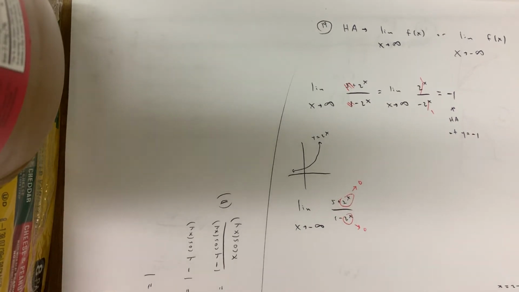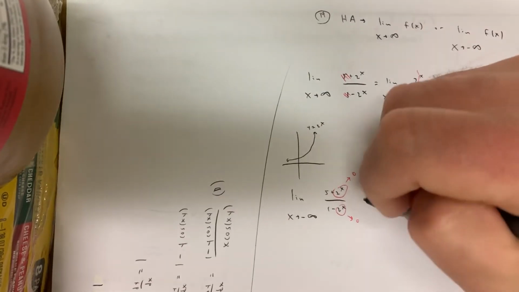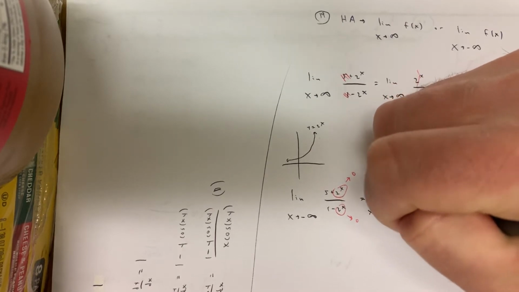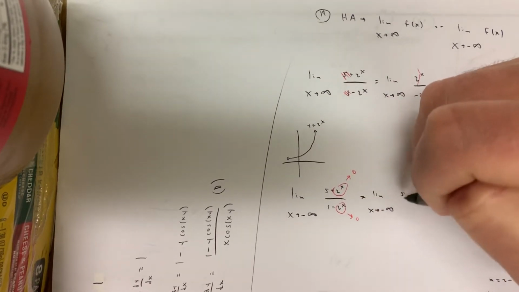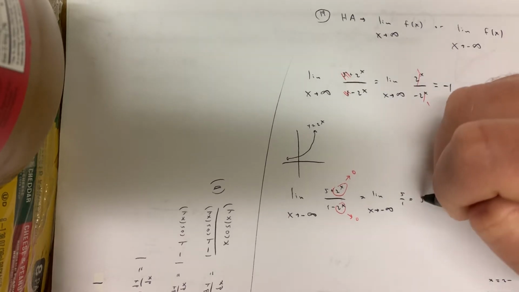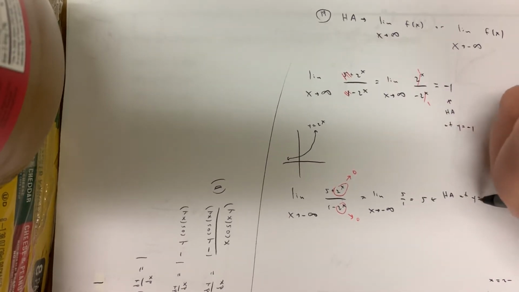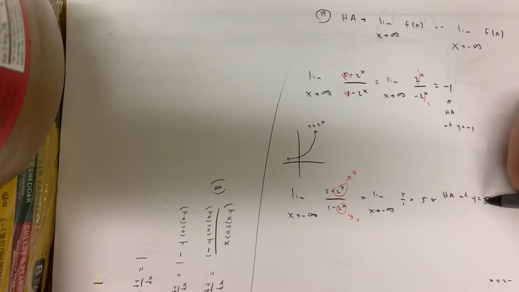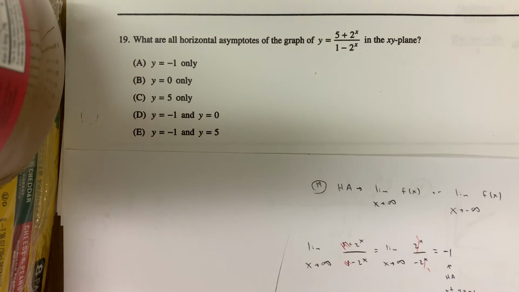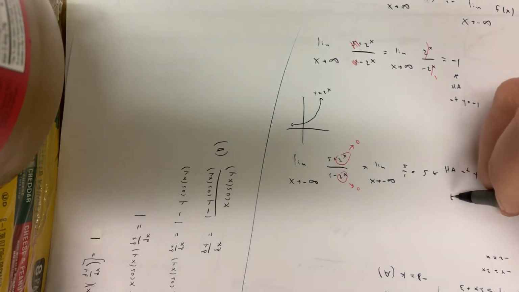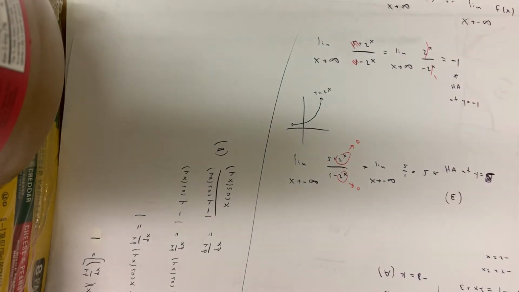So these are the terms of lesser degree that we could ignore, and this becomes the limit as x approaches negative infinity of 5 over 1, which is just 5. Remember, the limit of a constant is always that constant. So there's also a horizontal asymptote at y equals, not negative 1, y equals 5 right here, which you could see was E as far as our multiple choice is concerned.